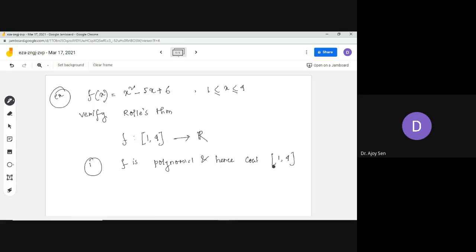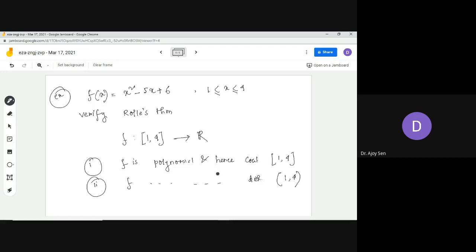So the polynomial function should be continuous in the domain from 1 to 4. Number 2, it is a polynomial function and hence it is also differentiable. The conclusion is the same: differentiable or derivable, whatever you say, in this region.